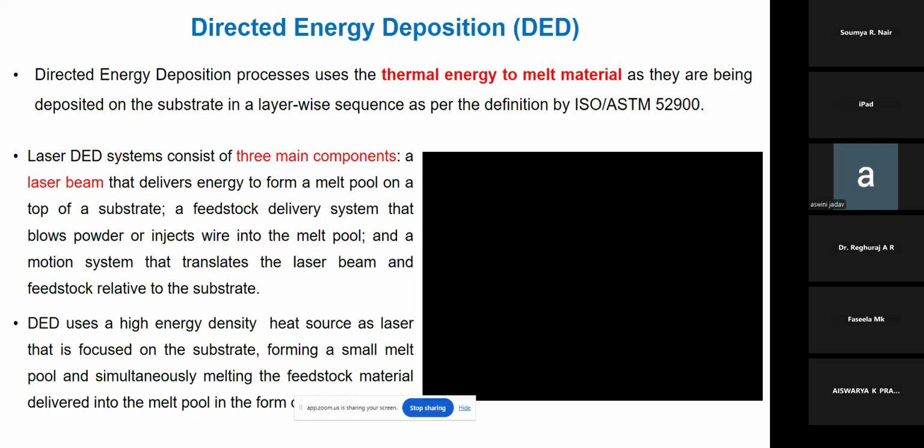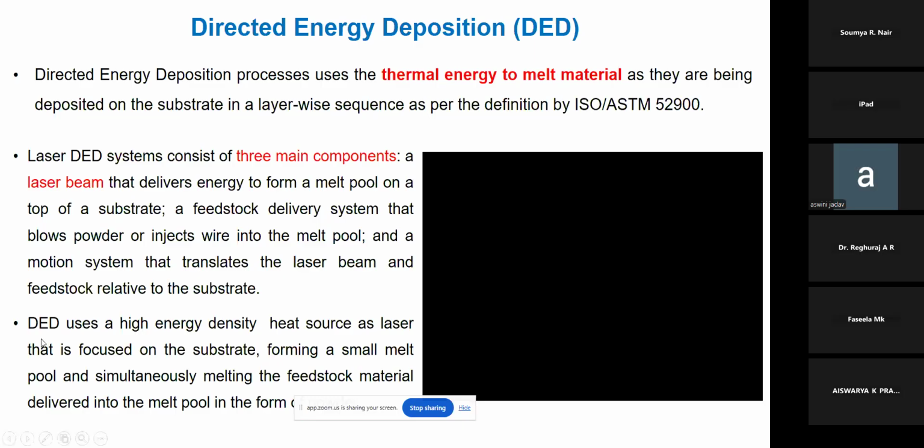So you want to replace or you can repair the existing gear. The gear cost is very high, so what you can do is repair the existing gear by providing a gear tooth on the existing gear. So that is possible by the DED machines.